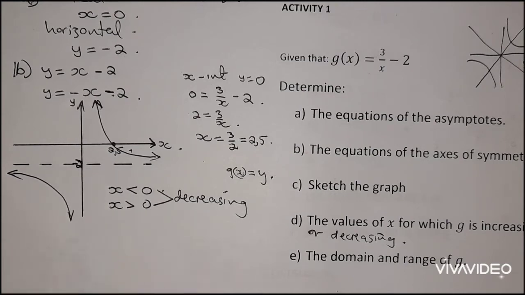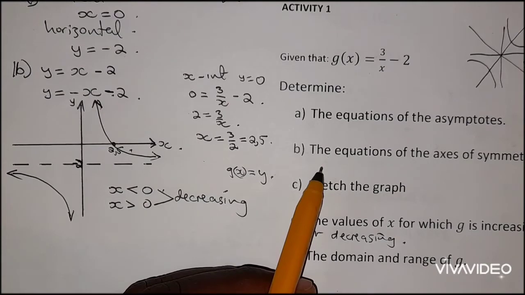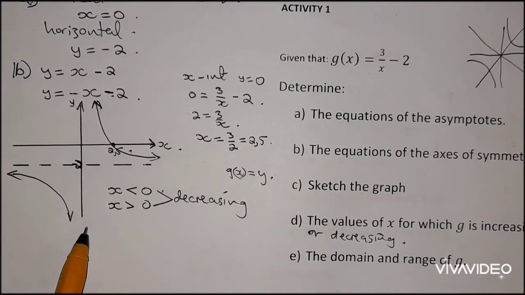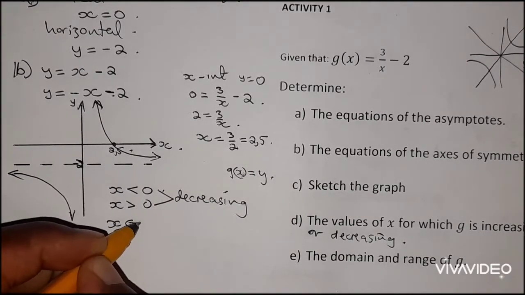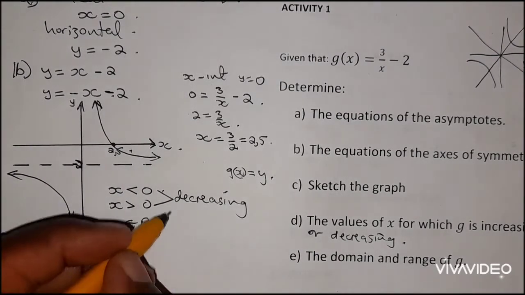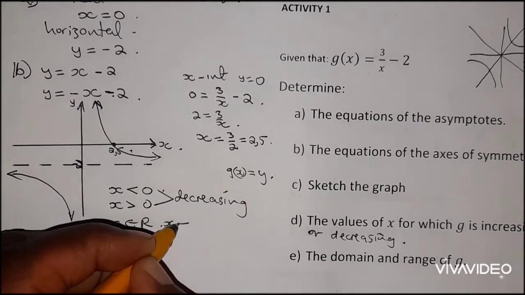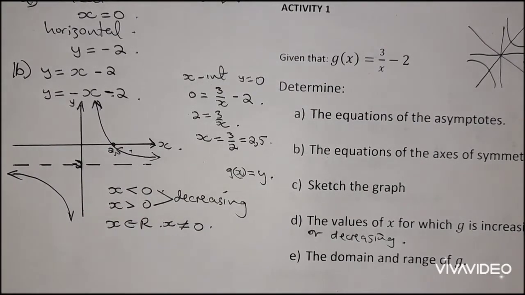So we are saying all the values of x except for the point where x is equal to 0. We can write this as x is an element of R, but x is not equal to 0, right? So for all the values of x except for 0, the function will be decreasing.